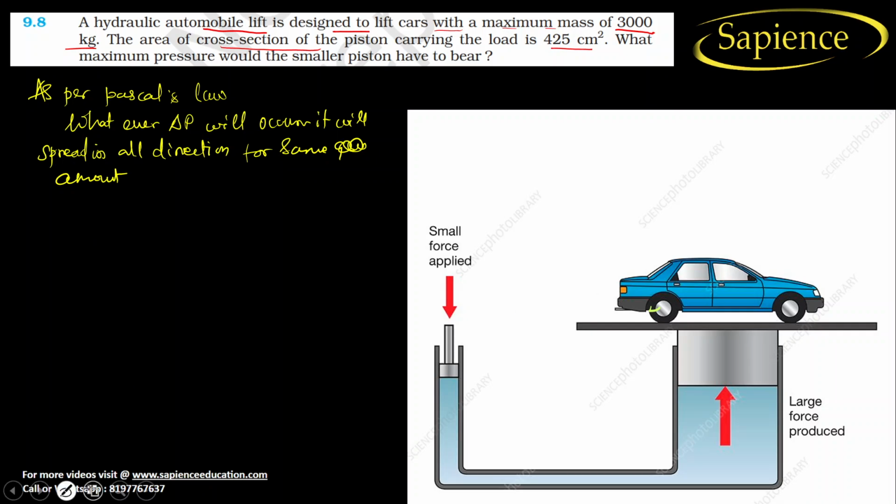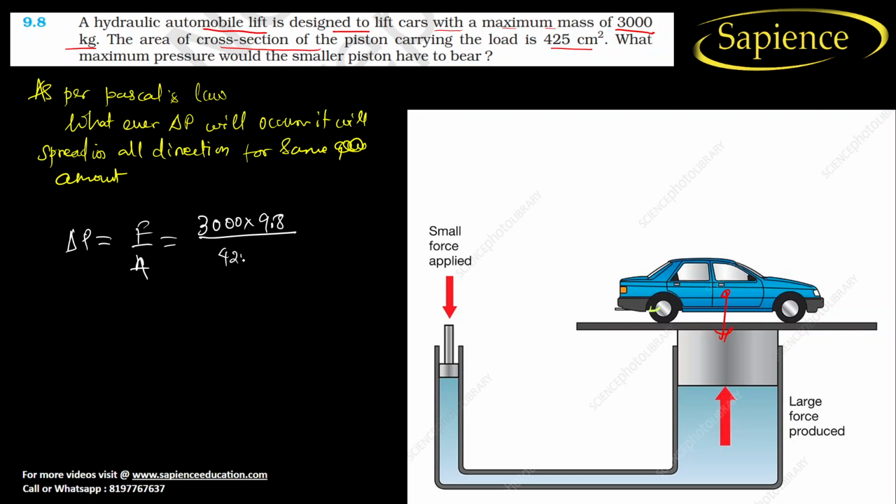If the car is there, so the car has a mass, so due to the car there will be a change in pressure definitely. Change in pressure will be force by area, but here force is how much? Force is 3000 into 9.8, because force is equal to mg, divided by area.